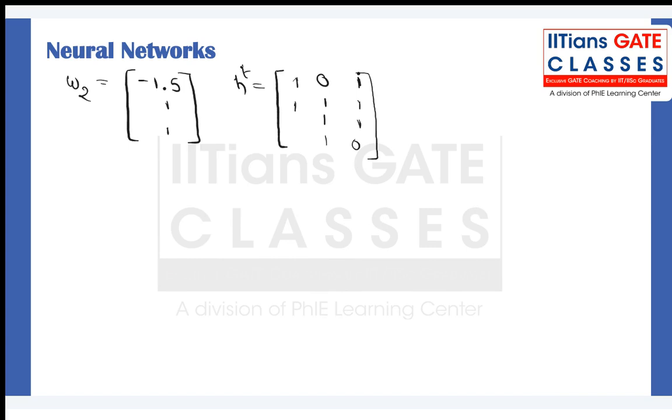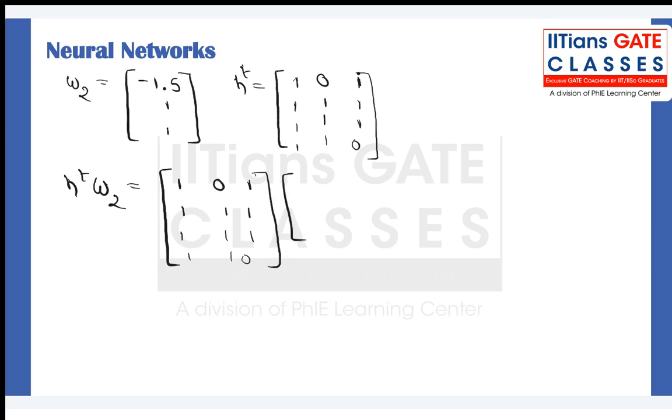So now if I calculate H transpose W2, which is 1, 0, 1, 1, 1, 1, 1, 1, 1, 1, 1, 0, H transpose W2. Then I get something like this.